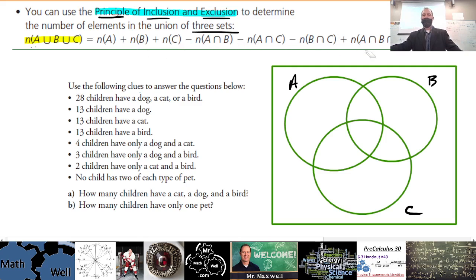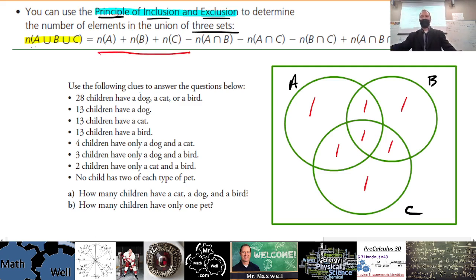So I want to show you visually why this formula works, okay? So the number of A union B union C. So that's everything, okay? That's everything in A and B and C. So I am going to count all of these sections like that. A union B union C. That's everything, okay? Now that's what I want to count.